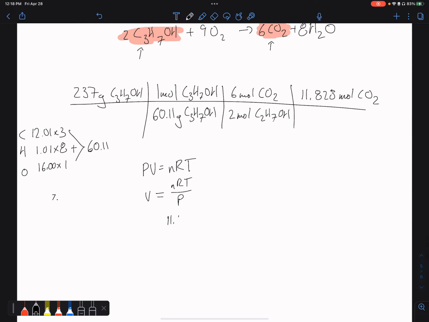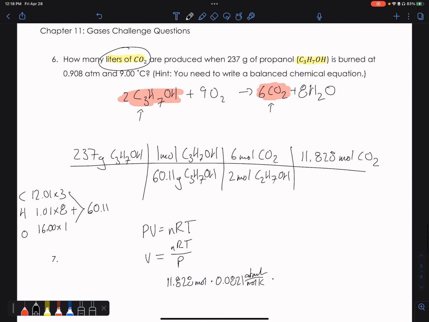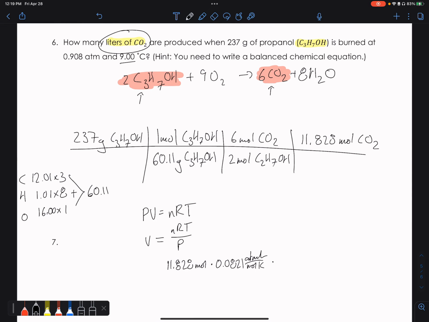And so we can take our 11.828 times, so write this in, this is moles, times 0.0821 atmosphere liters per mole Kelvin, times our temperature here. So our temperature is in degrees C. So we got to add 273.15 to that, 282.15 Kelvin, over the pressure, which is conveniently already in atmospheres.